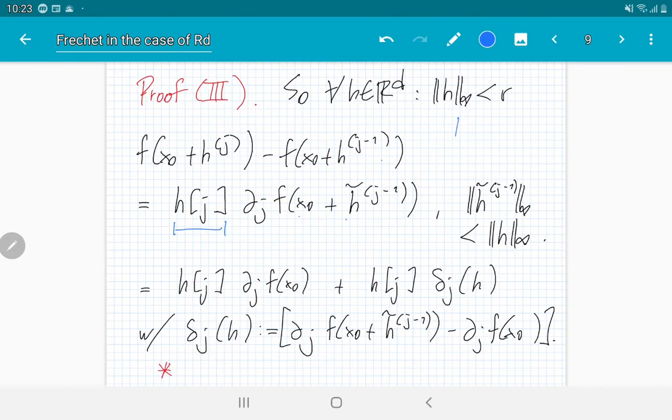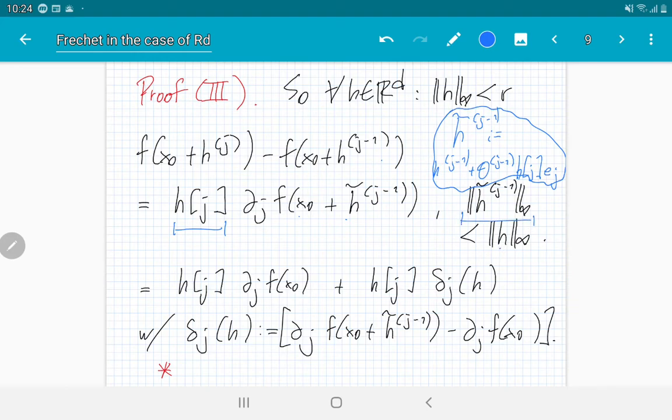So h tilde j minus 1 is equal to x naught plus h j minus 1 plus theta j, the jth coordinate, times e sub j. That's the definition. But the important thing for us is that this vector is also bounded in infinity norm by the norm of h.